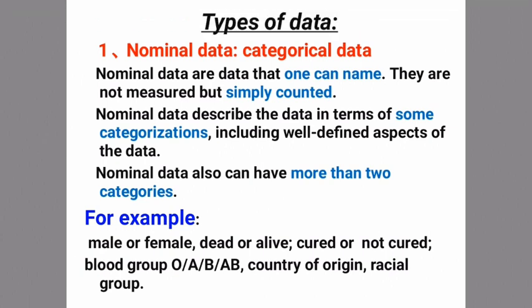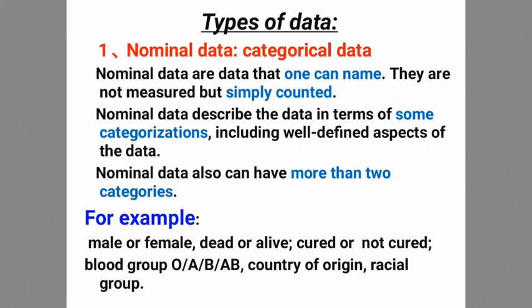The value of a variable for each observation is marked by a category. Each student chooses his gender, male or female. So the value of a variable for each student is marked by categories. And then we count out the number of observations of each category.